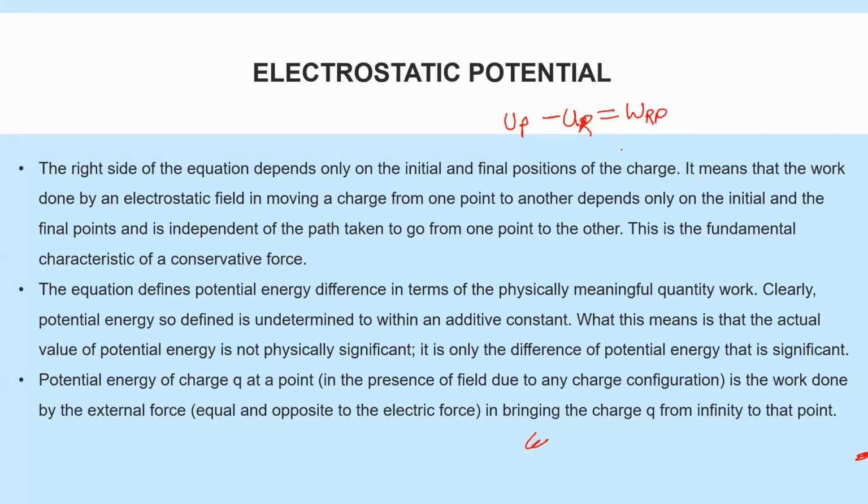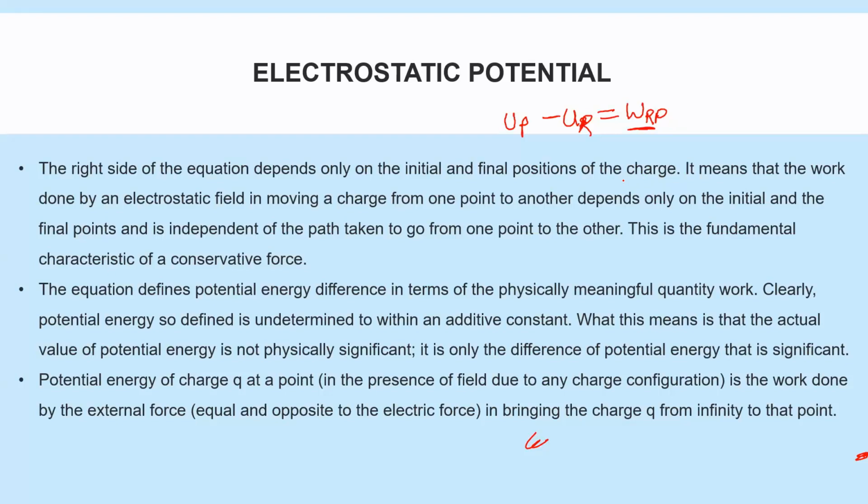So the right side of the equation, work, only depends on the initial and the final position of the object that we are moving. Over here we are considering the charge.